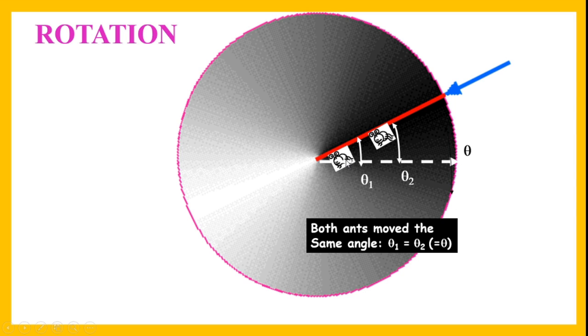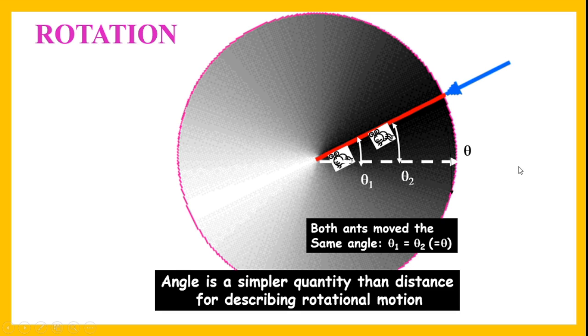In linear motion, they have travelled distances of d1 and d2 respectively. But in terms of angle, they have both moved the same angle, theta 1 equals theta 2 equals theta. So it is better to explain any movement of any body which is moving in circular or rotational motion with angle rather than distance.